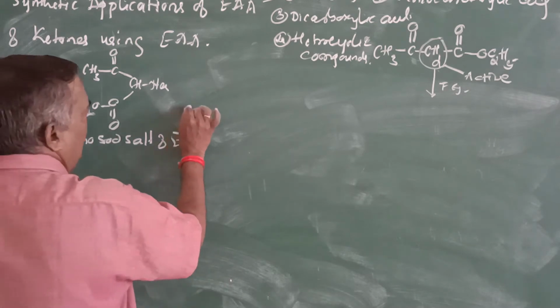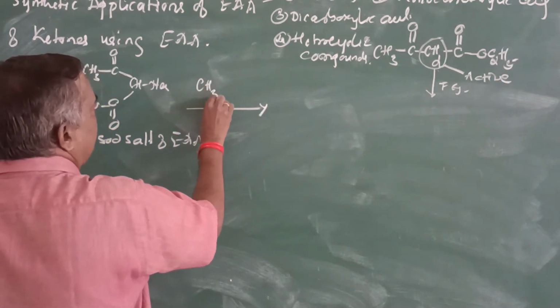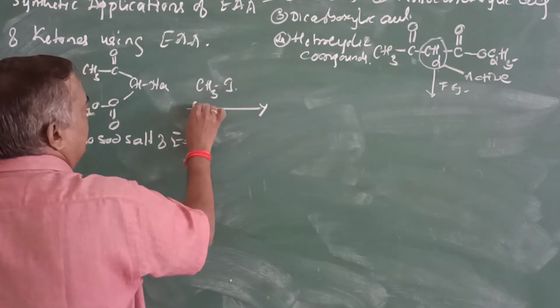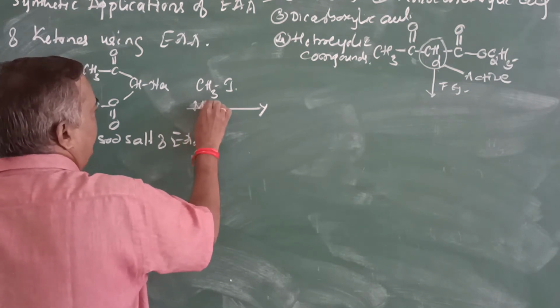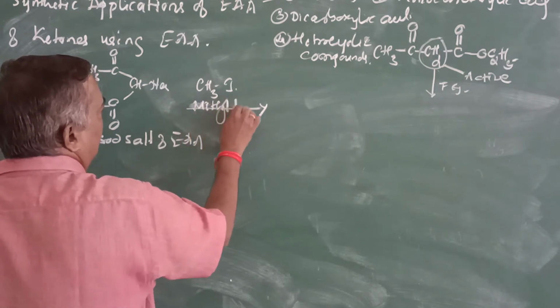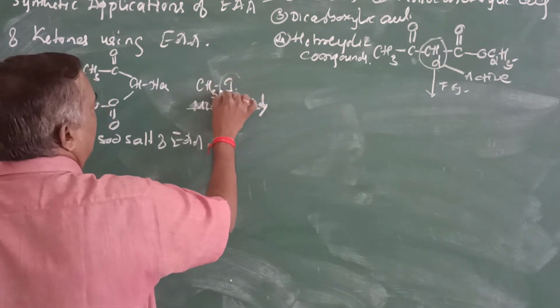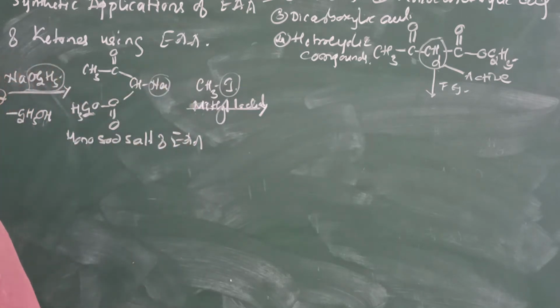Now in the next step, what happened? You can treat this with CH3I or CH3Br, that is methyl iodide. So when you treat with methyl iodide, the iodine of this and the sodium of this will be eliminated as sodium iodide, right?